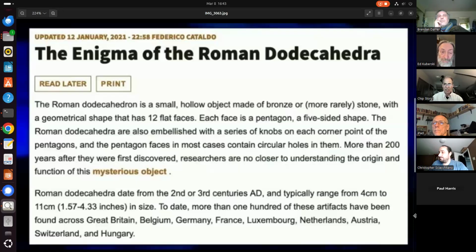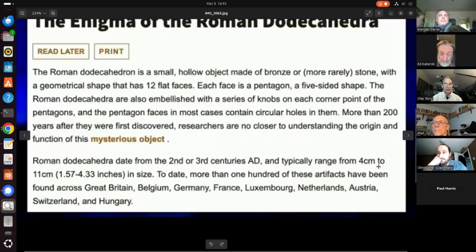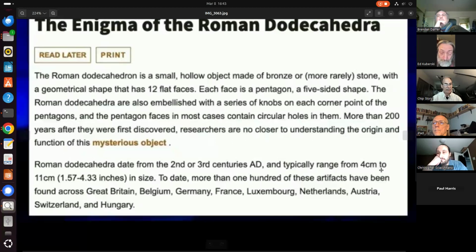More than 200 years after they were first discovered, researchers are no closer to understanding the origin and function of this mysterious object. Roman dodecahedra date from the 2nd or 3rd centuries AD, and typically range from 4 to 11 centimeters, 1.5 to 4 1/3 inches, in size.